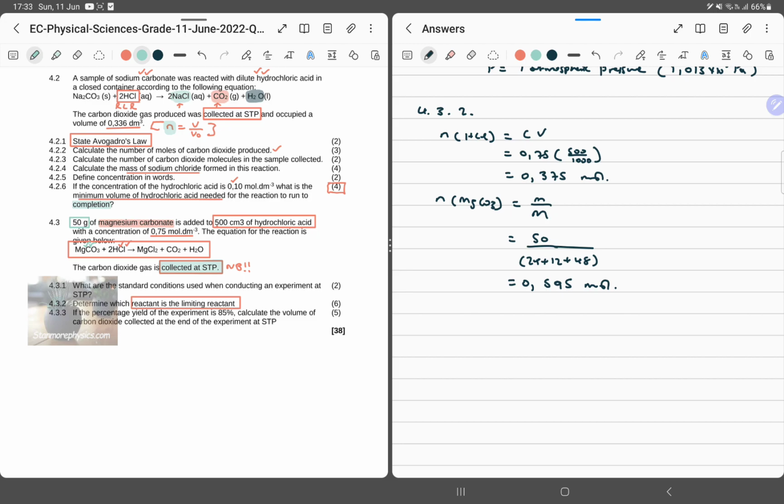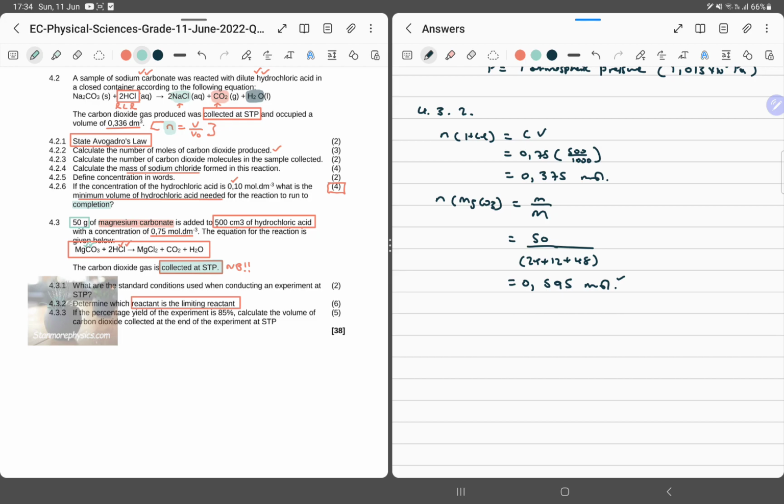And we can obviously see that we need 2 moles of HCl to react with 1 mole of magnesium carbonate. So essentially, the one that is in excess here is this one, because this one has a bigger number of moles.